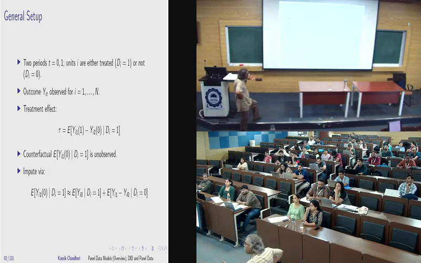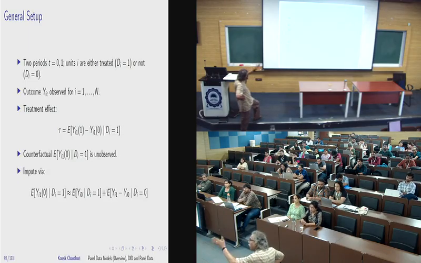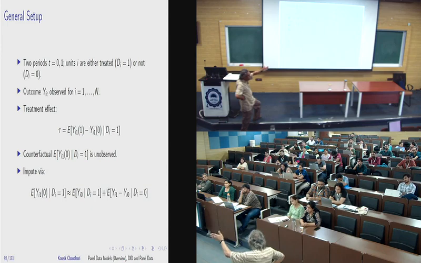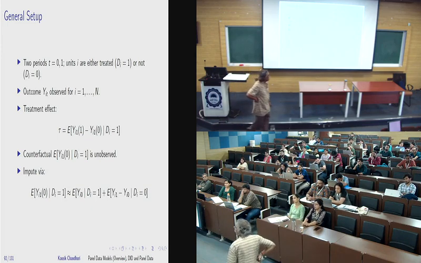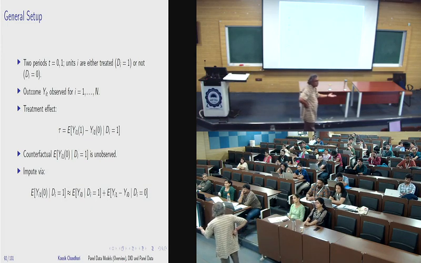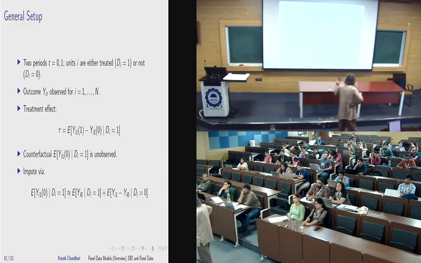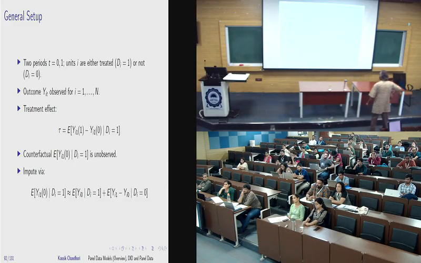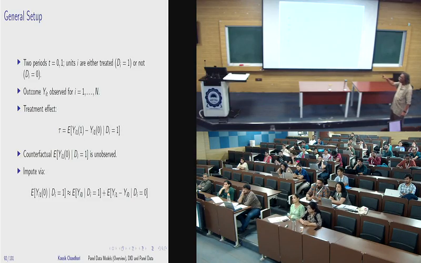I then create the counterfactual, the expected value of Y_i0 when D_i is equal to 1, which I can never observe, right? And then I want to impute it by the expected outcome of Y_i0 conditional on D_i equal to 1.